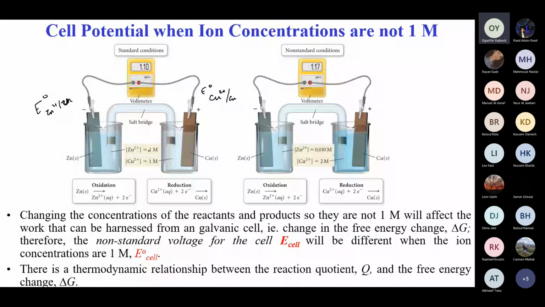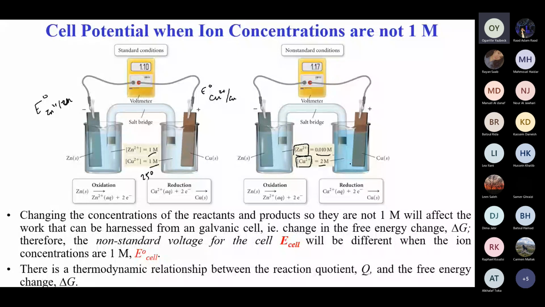These concentrations are standard, 1 molar, and 25 degrees Celsius is considered standard conditions. Now, if we take a different concentration of the zinc ion and the copper ion, 2 molar, 0.1 molar, 0.01 molar.